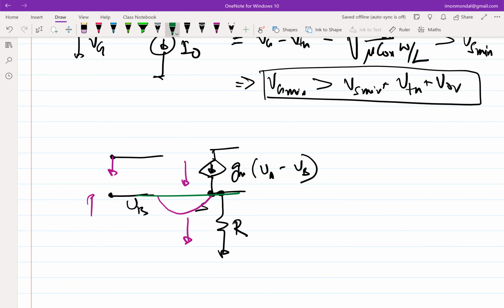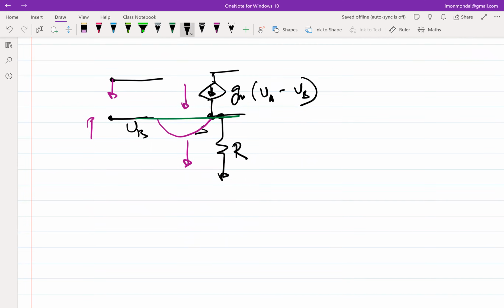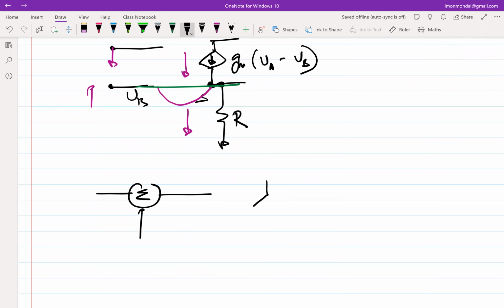Another way, if you want to look at it from the classical feedback mechanism: you have a current source. You want this to be GM times (VA minus VB). Let's say this is VA, this is VB.